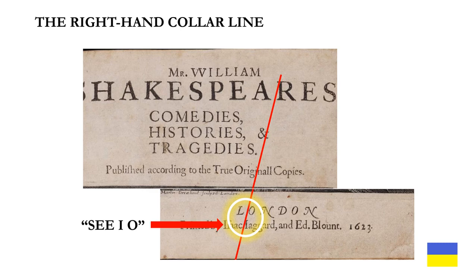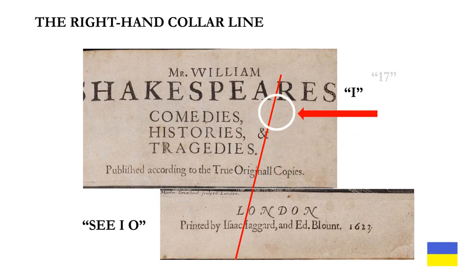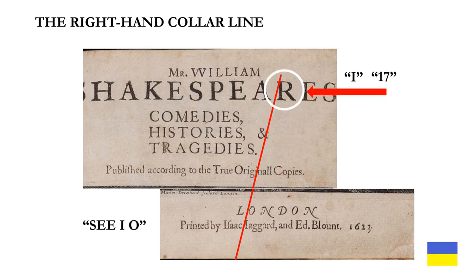C-I-O. The line goes straight through the second I in original. And the gematria value for the first letter that it goes through, or the last letter, depending on how you look at it, the R is 17.